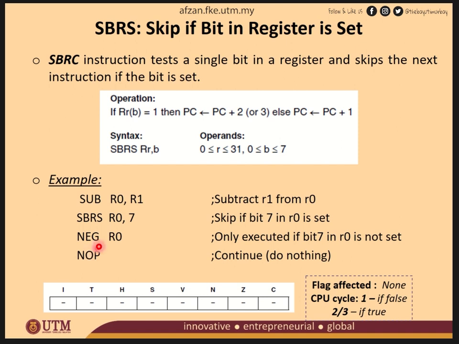If bit 7 in R0 is cleared or 0, you need to do the NEG R0 followed by NOP.